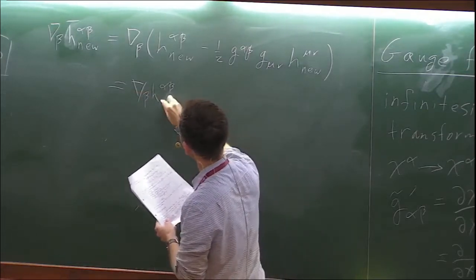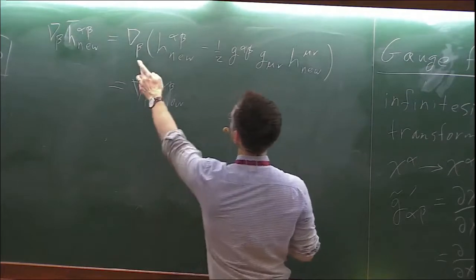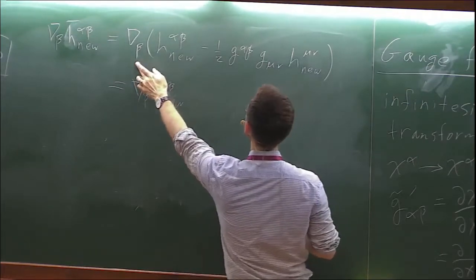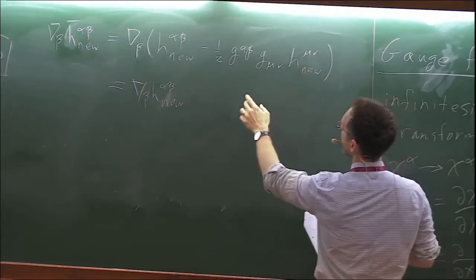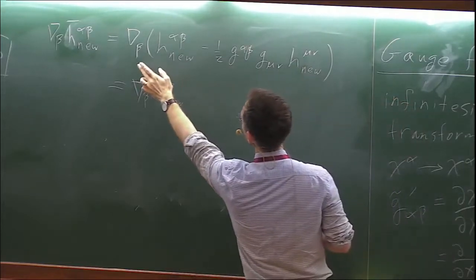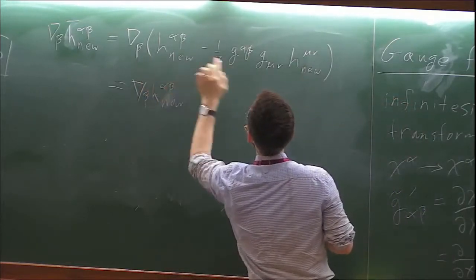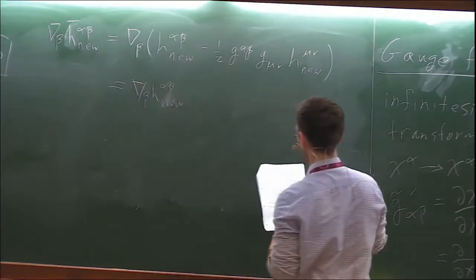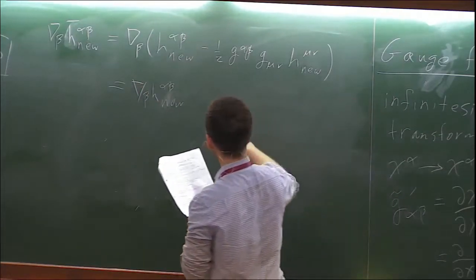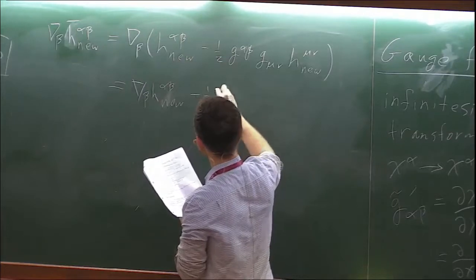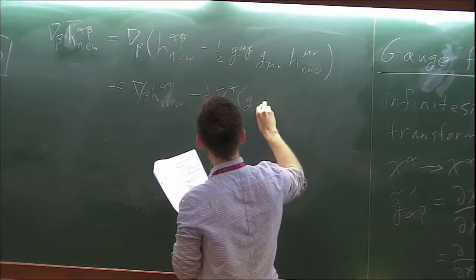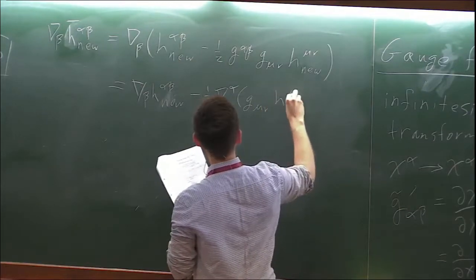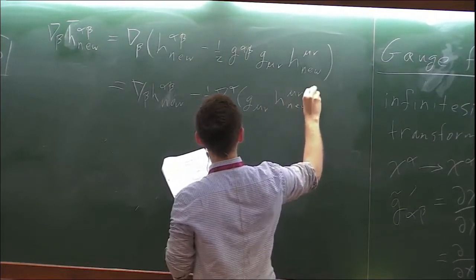Let me write one more line to simplify this. So this covariant derivative passes through the background metric to act on h nu, and then this g just brings that up. So we have minus a half grad alpha up of g mu nu h mu nu nu.